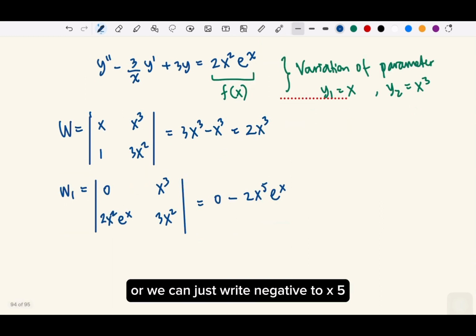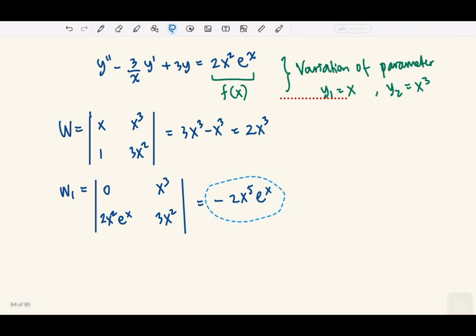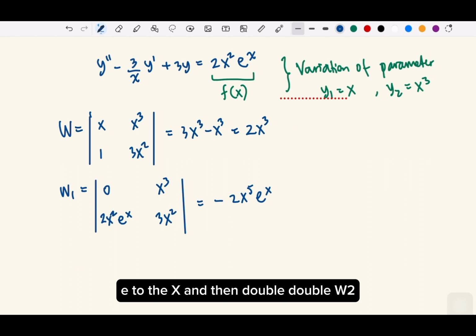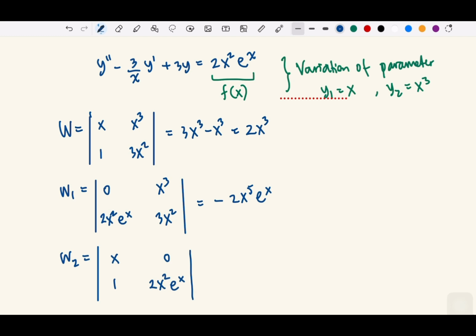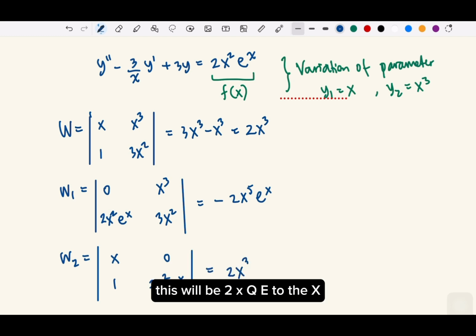Or we can just write negative 2x to the fifth e to the x. And then W2 is x, 1, and 0, 2x squared e to the x. This will be 2x cubed e to the x.